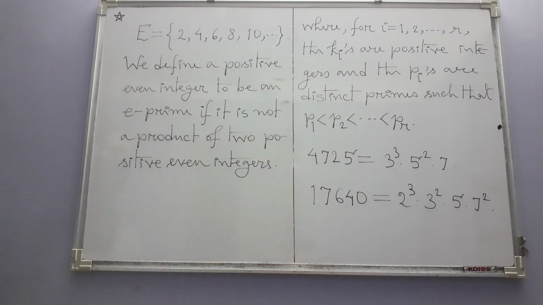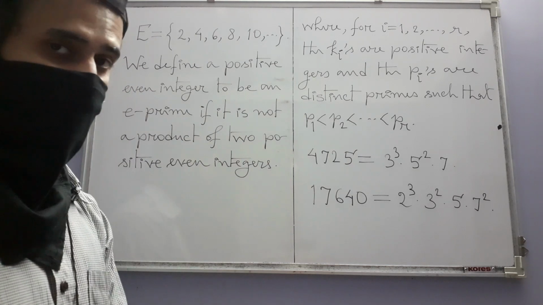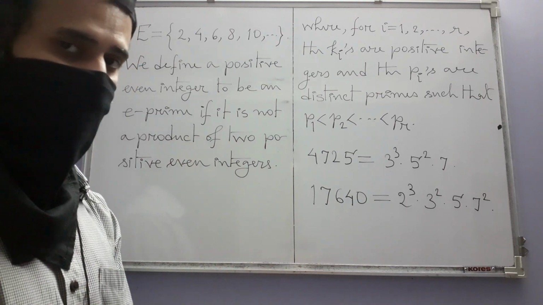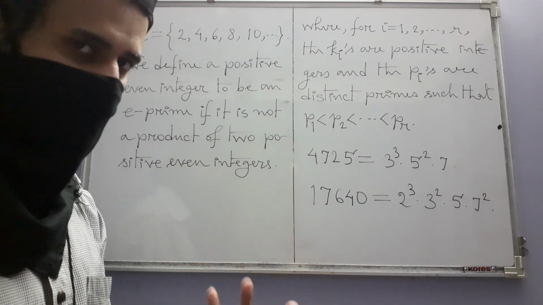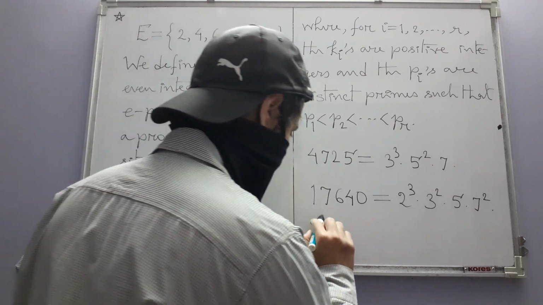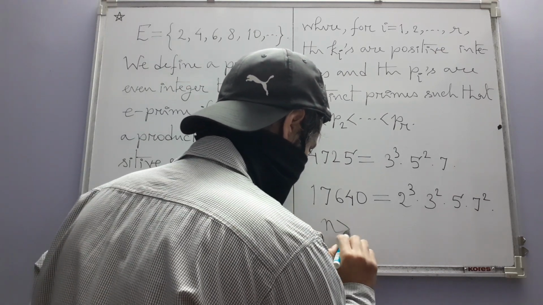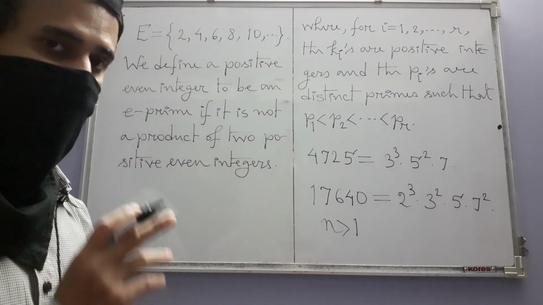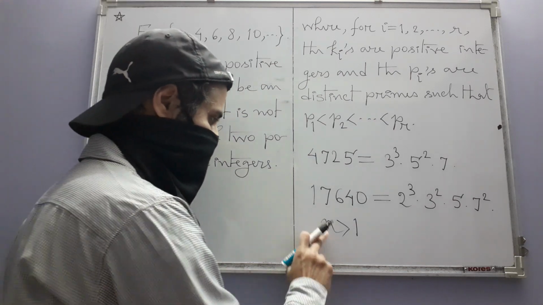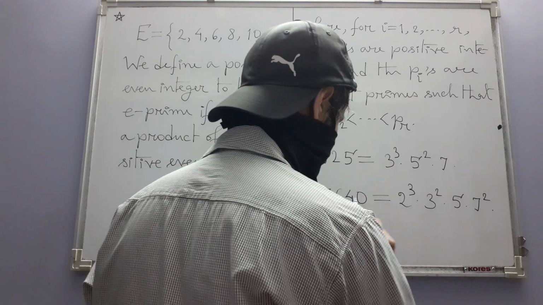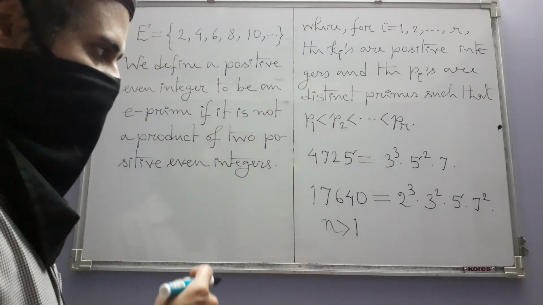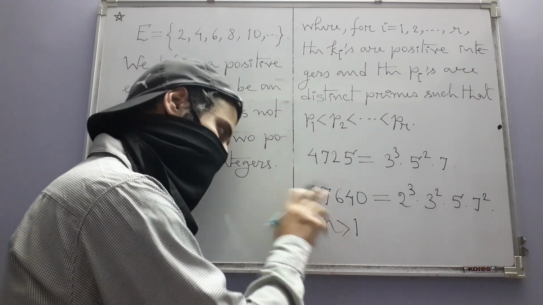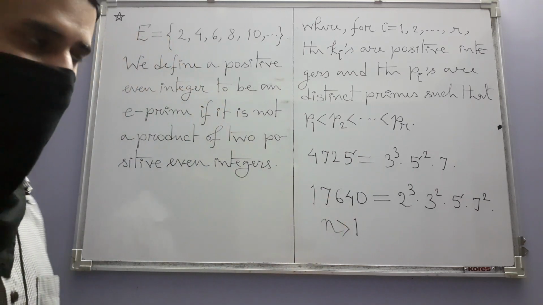Do you see what the author has done here? What is our ordinary definition of primality? We say that a positive integer n greater than 1 is a prime if n cannot be written as a product of two positive integers, both of which are greater than 1.